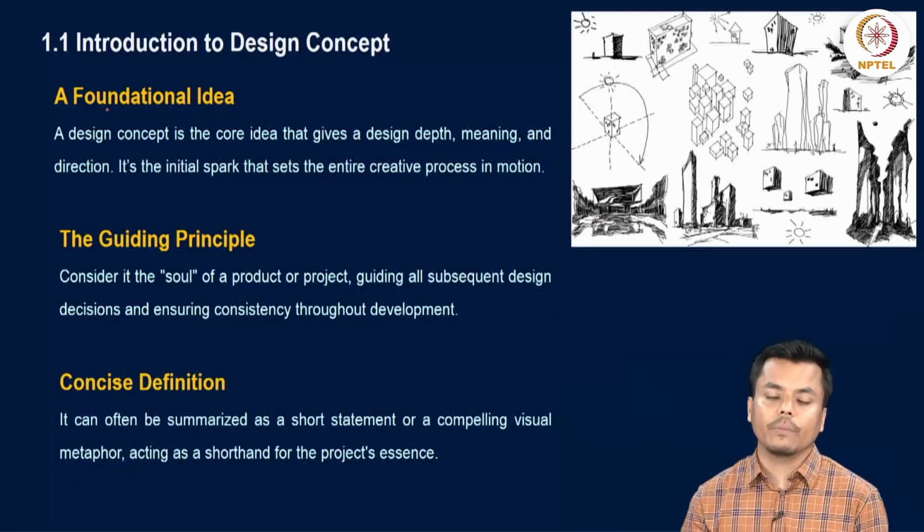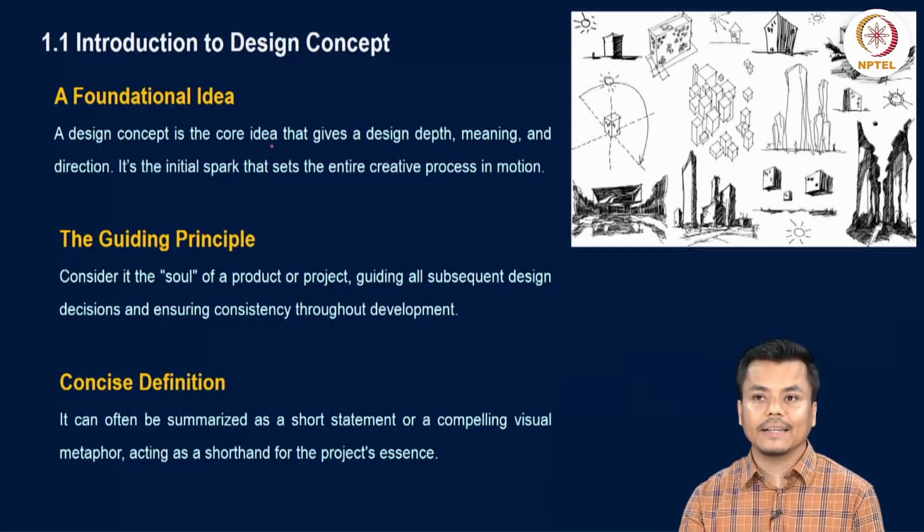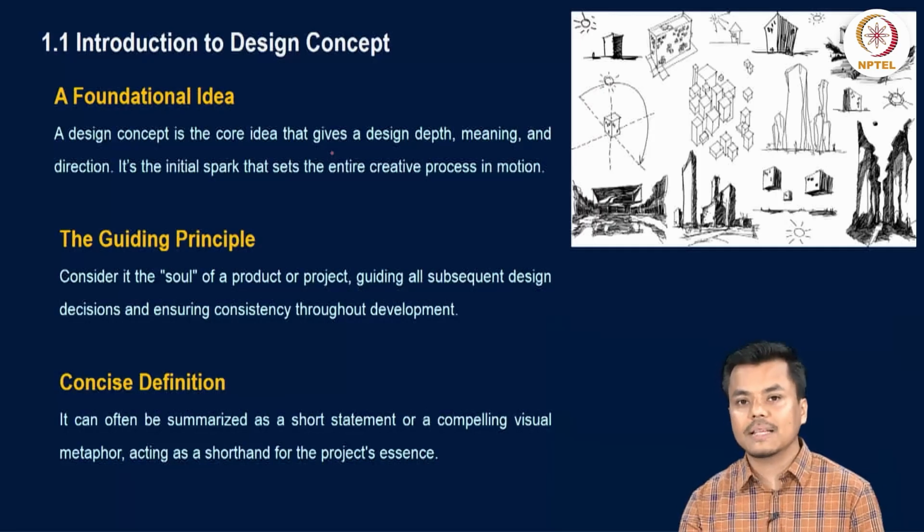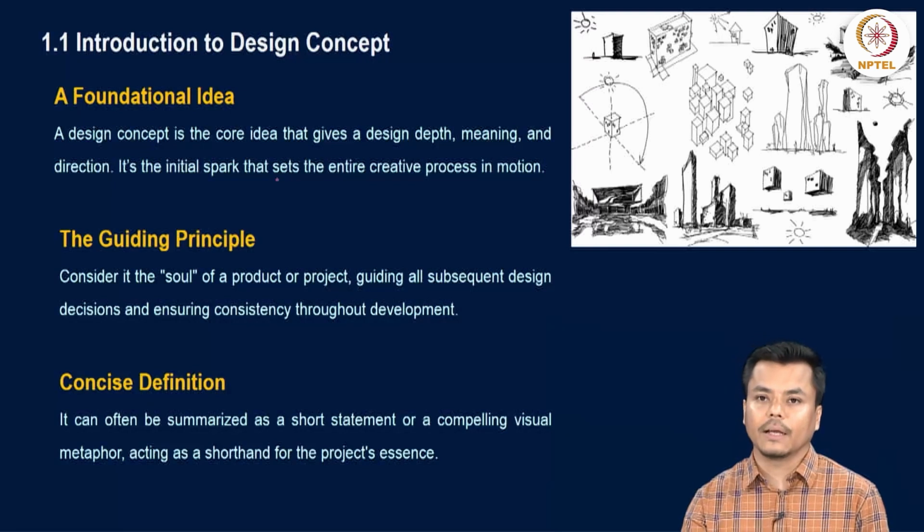So all this information helps you develop a foundational idea for the project, and that is a core idea that provides design depth, meaning and direction to the design for that type of building. It is the initial spark that sets the entire creative process in motion.